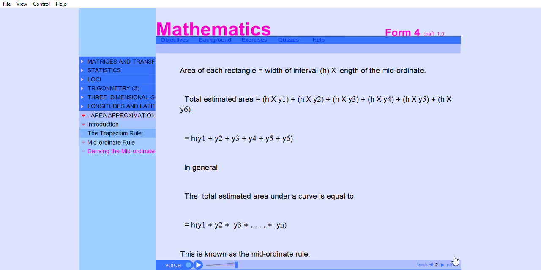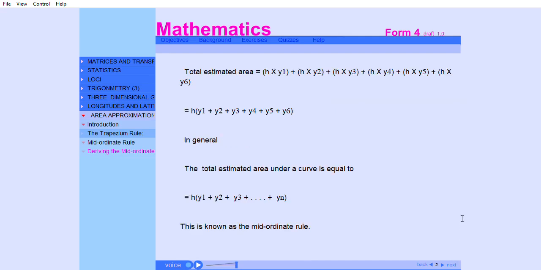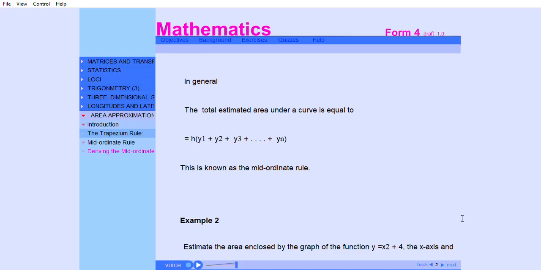In general, the total estimated area under a curve is equal to h (y1 plus y2 plus y3 plus yn).